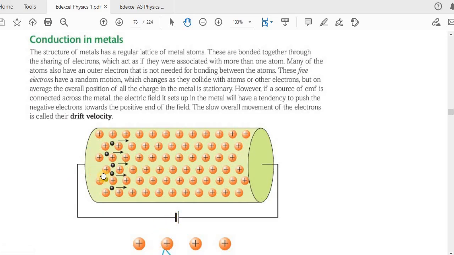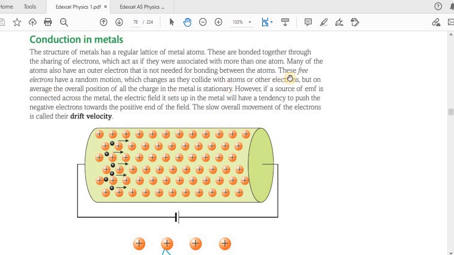So overall, these electrons, the delocalized electrons or the free electrons, or also called the conduction electrons, will move to the right. They will move in the clockwise direction. When there was no EMF, or rather potential difference applied across this, then they were randomly moving. So overall, there was no movement.